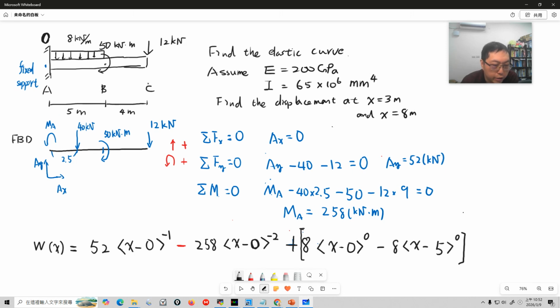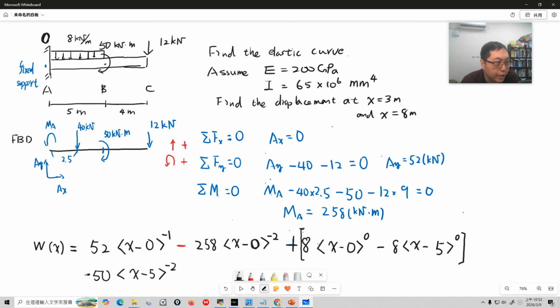Next one is the localized moment. Here it is 50, at position equal to 5, and for a localized moment the power is minus 2. Be very careful: it's clockwise, so it's minus 50.